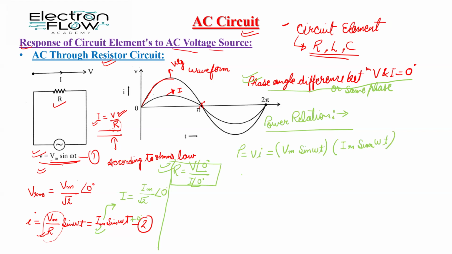Let's multiply both the values. Then I will get Vm Im sine square omega t. Also I can rewrite this as Vm Im divided by 2 into 1 minus cos 2 omega t. We know that sine square theta is equal to 1 minus cos 2 theta divided by 2.